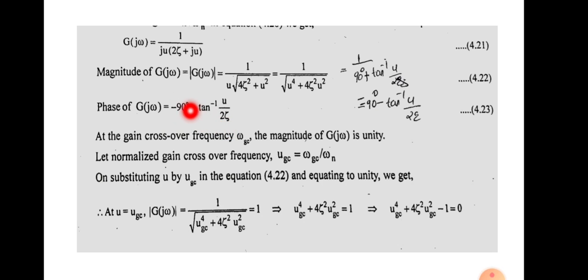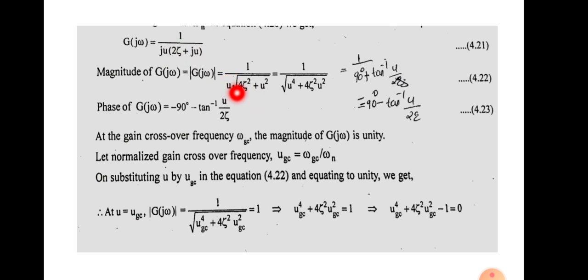That is the equation for finding the phase angle. So first we will find the magnitude of G(j omega). The magnitude of G(j omega) is equal to 1 divided by, here this is an imaginary term, so its magnitude will be u, and this term contains real and imaginary parts, so its magnitude will become 4 epsilon square plus u square.